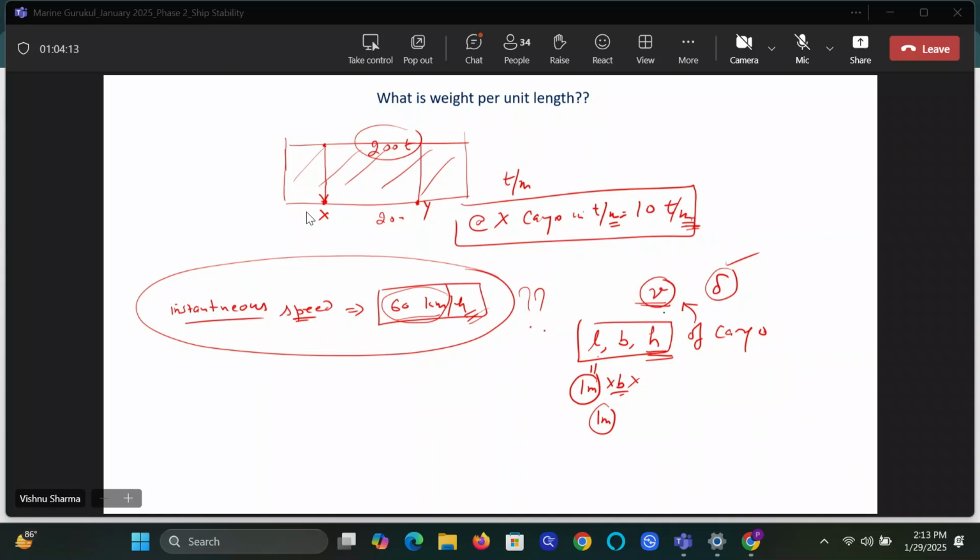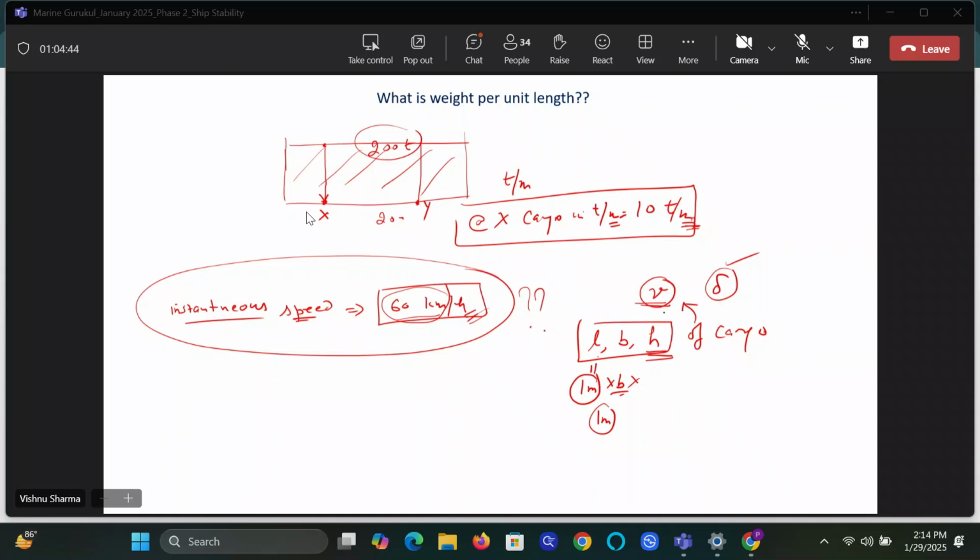Now, in our case, instead of 1 hour, it is 1 meter, standardized by the unit, cargo per unit length. So if I continue the same height, because height could only be the changing factor, the same height of the cargo as the height at X, over how much length?